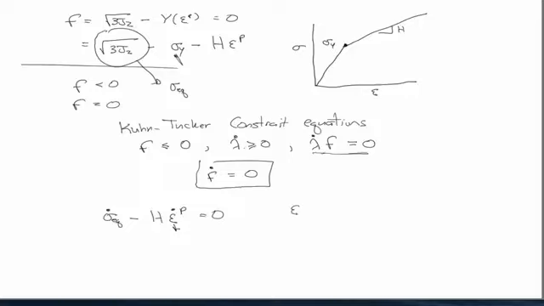Remember, that's the square root of 2/3 EIJ EIJ, which turns out to be equal to the square root of 2/3 lambda. So we plug that in, and lambda dot is equal to 2/3 h lambda dot.